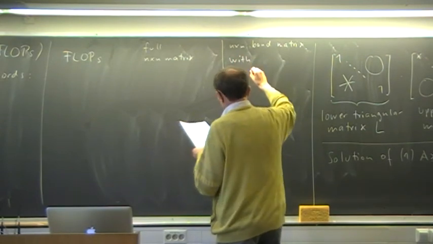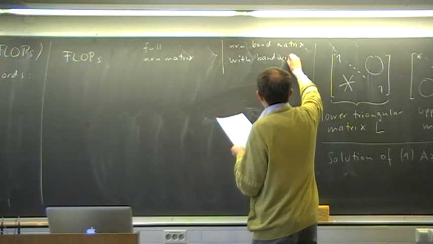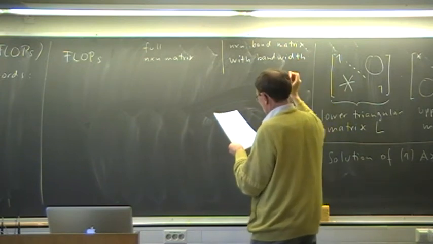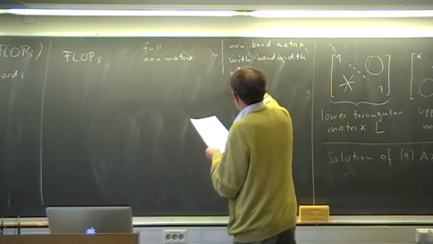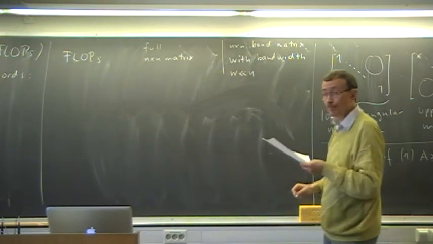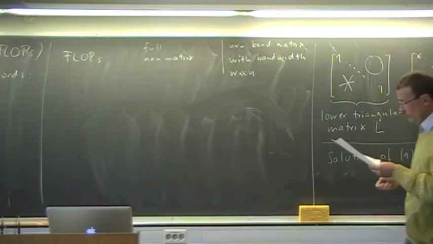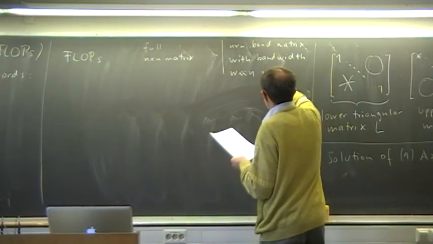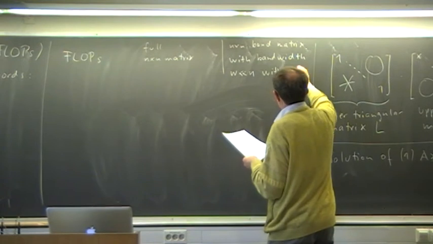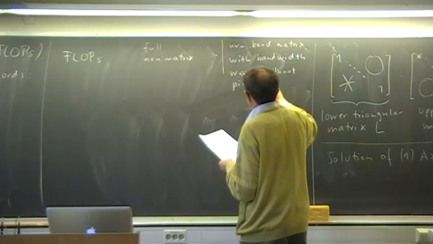We assume that we have a bandwidth W, which is realistic for what we have in CFD, and is usually much smaller than n. In our case, for the tridiagonal system, W is 1. And we also assume that we have no pivoting, because pivoting usually can give some problems.